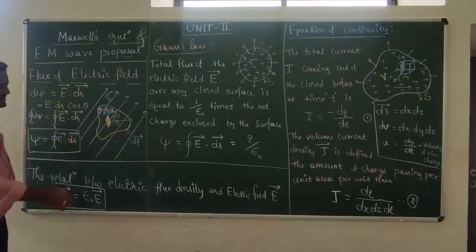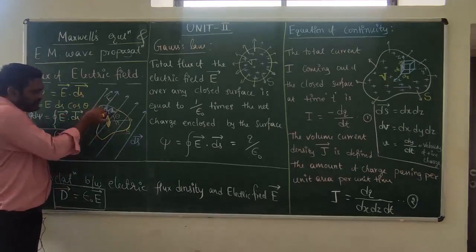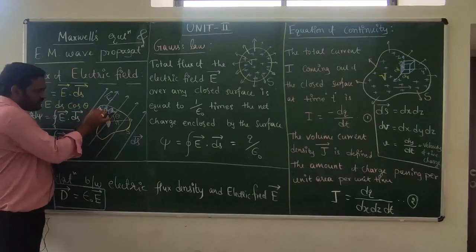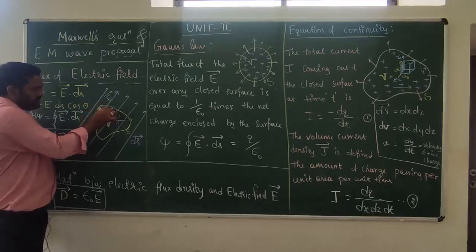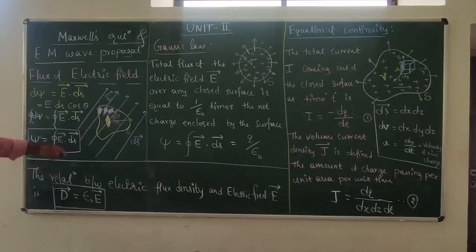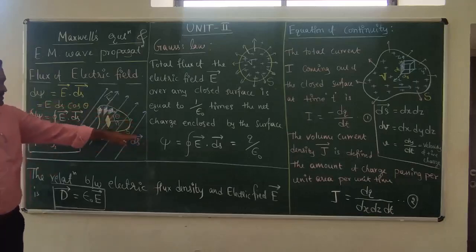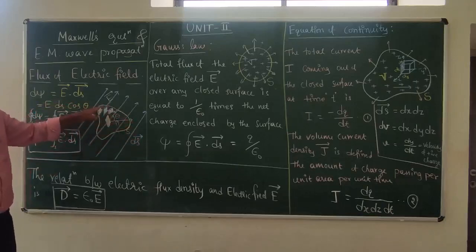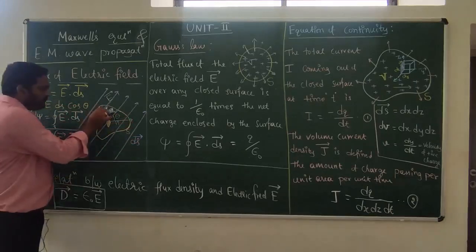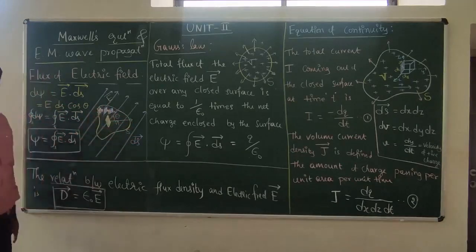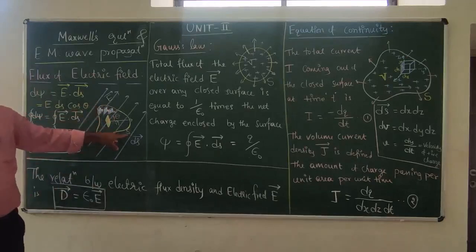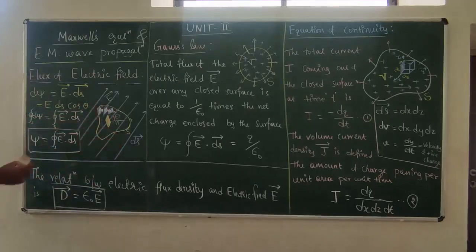First we calculate the flux through ds1, then through ds2, then ds3, like that. We calculate the flux through all n surfaces, then add those values, and we get the total flux through the area S.